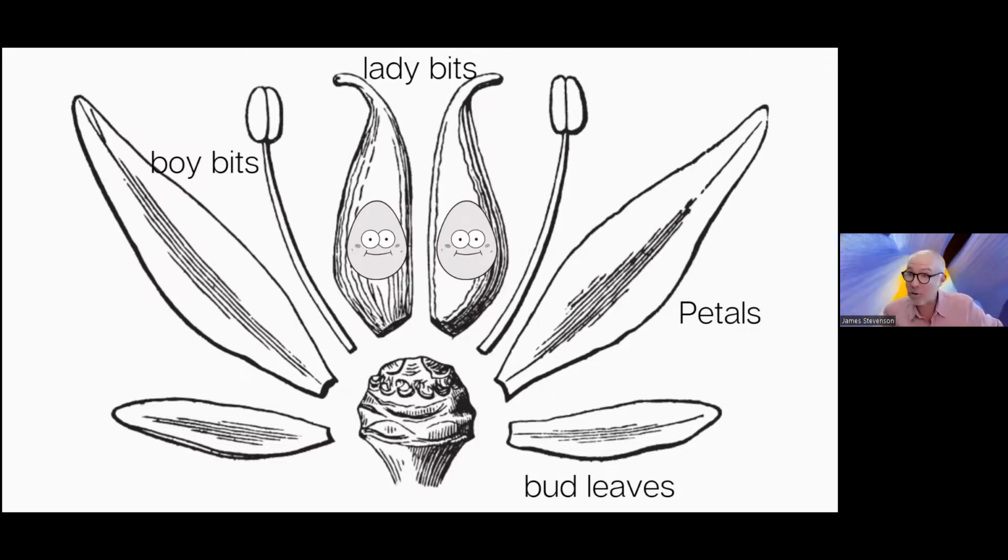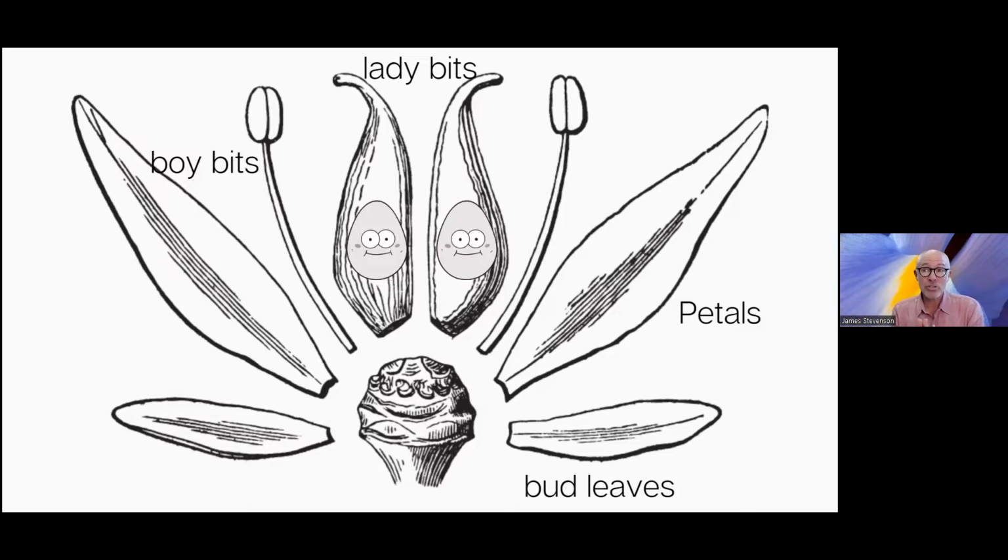That's how all the flowers out there are put together. All the flowers out there are put together like this. They're all based on the same blueprint. Flowers evolved once. And all the flowers share a common ancestor with this arrangement.